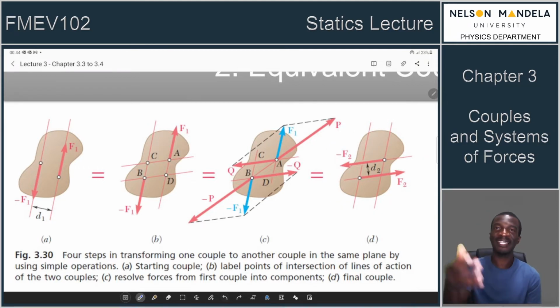They will generate a moment that is exactly the same as another set of forces oriented at that position. So how would one prove this?